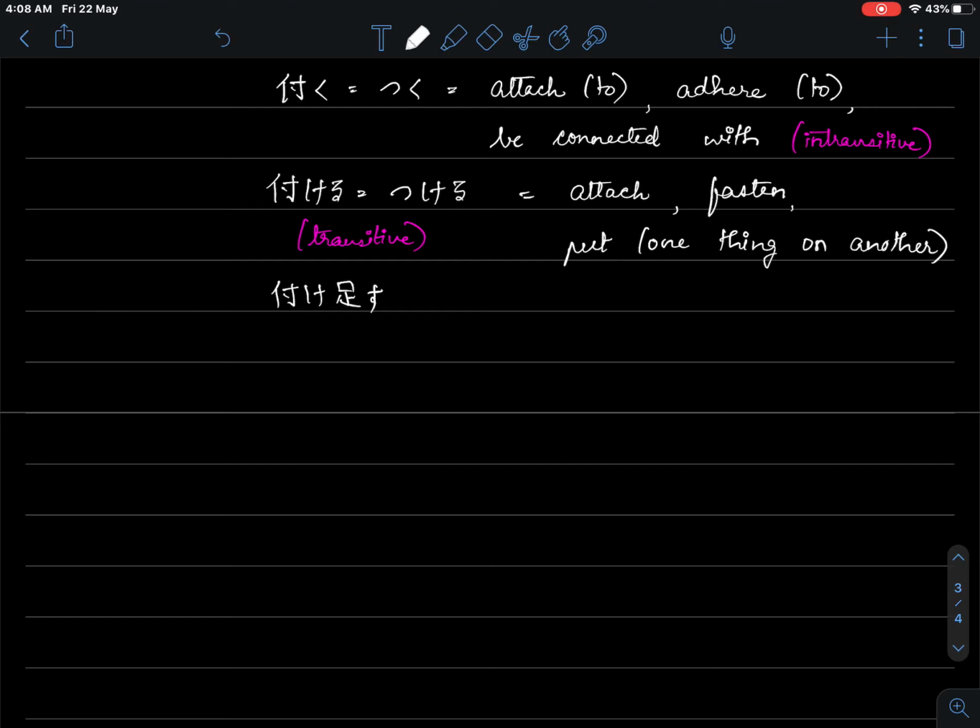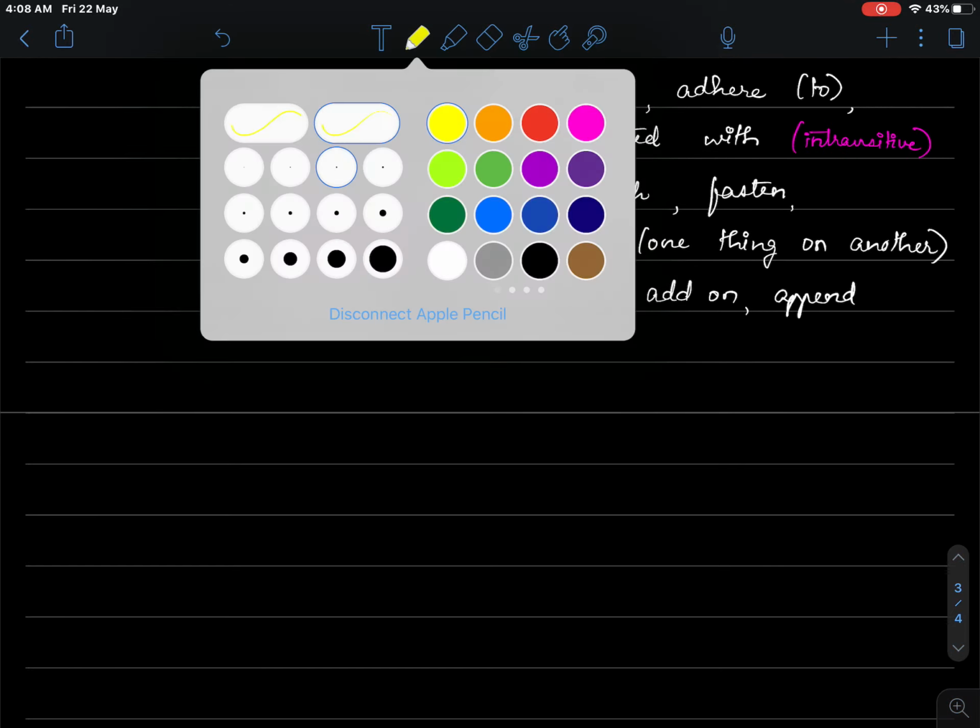Okay, this will be read as tsuketasu. Tsuketasu, which means to add on or append. Again, if you remember this, let me change the pencil color just for a bit.